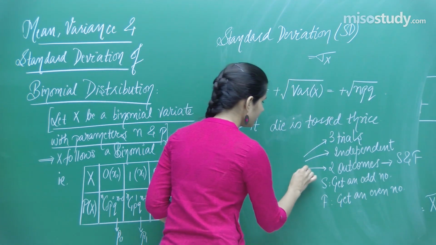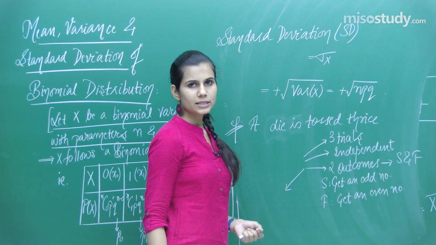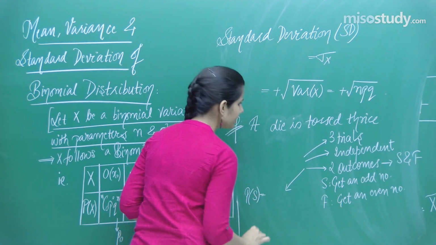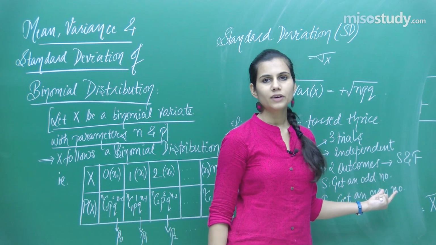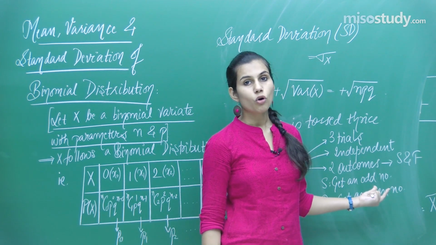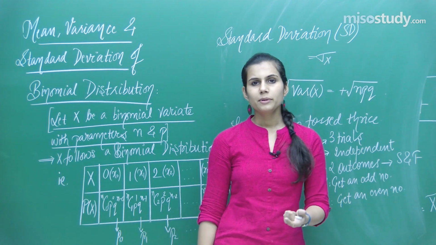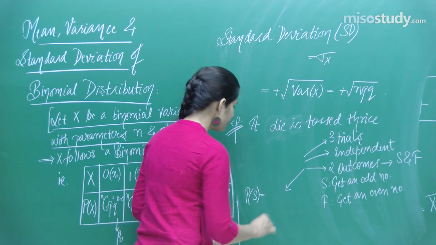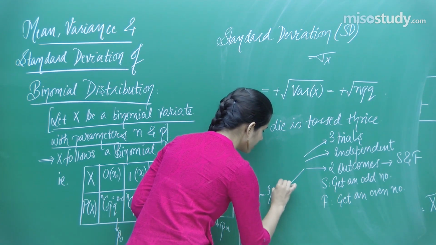Now in each trial, what is the probability of success? It is the probability of getting an odd number in a single throw of a die. 3 favorable outcomes, 1, 3 and 5, out of 6 total outcomes: 3 by 6, which is 1 by 2.